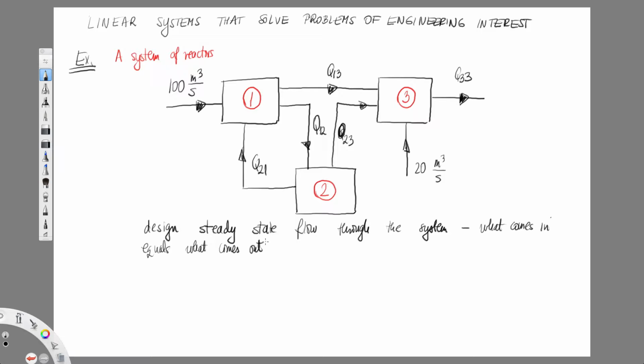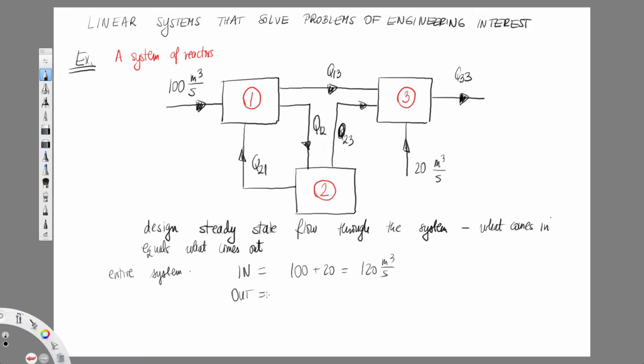What's coming out of the entire system? Q33 is my communication to the outside, right? The rest is just recirculation within the system. So if I'm just looking at the system as a whole, then for the entire system, what comes in is equal to 100 plus 20, which is 120 meters cubed per second.